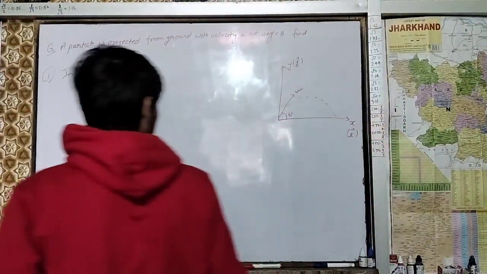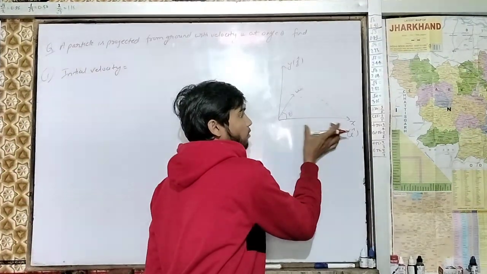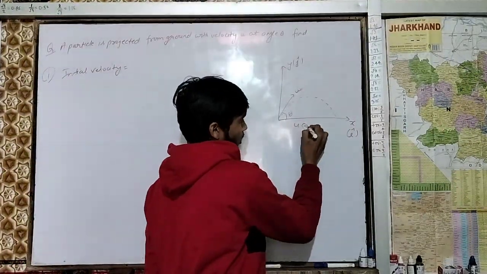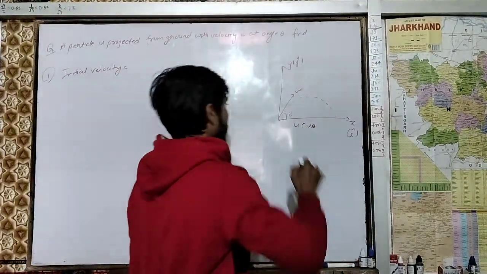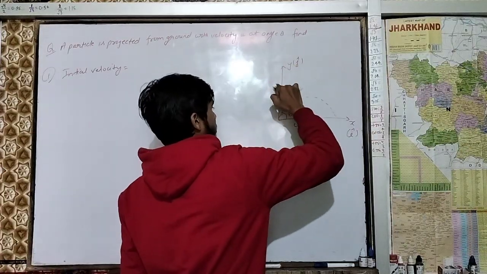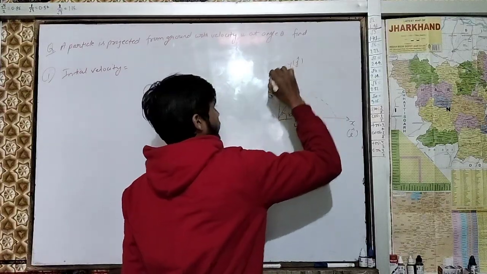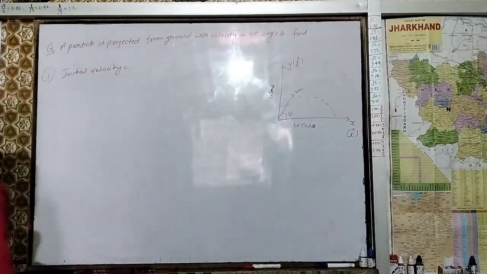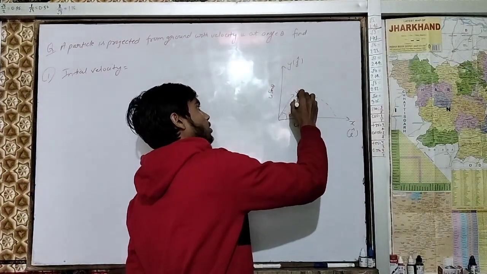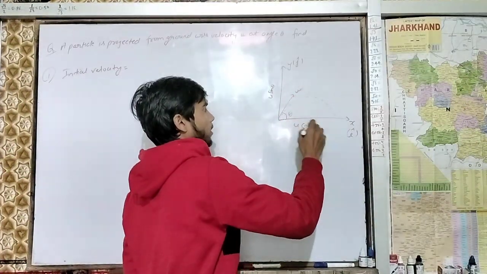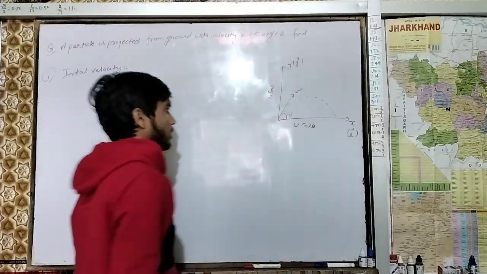Theta is also not given, and it is asking for initial velocity. So you can say confidently that the initial velocity for x is going to be u cos theta. Initial velocity for y, for vertical, you would say u sin theta. So remember, this u is a combination of u cos theta plus u sin theta.